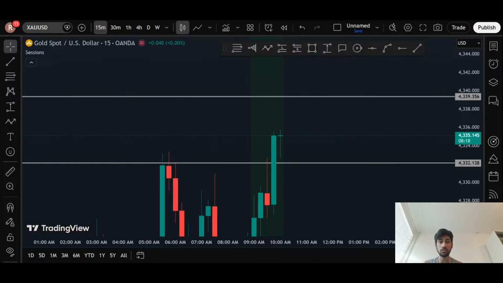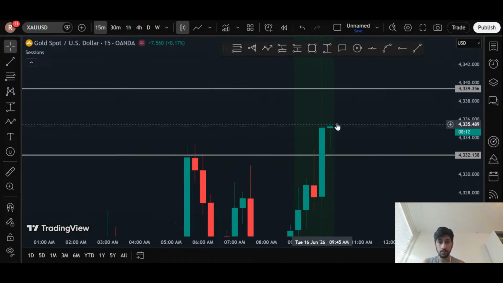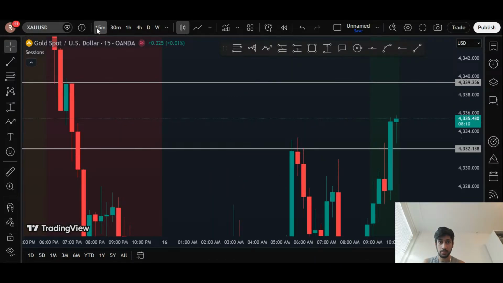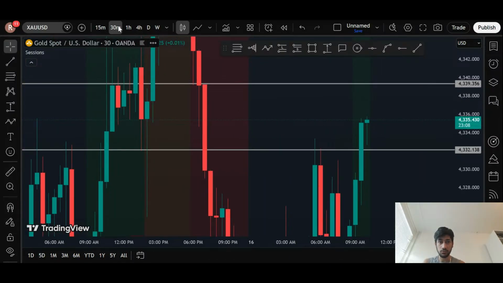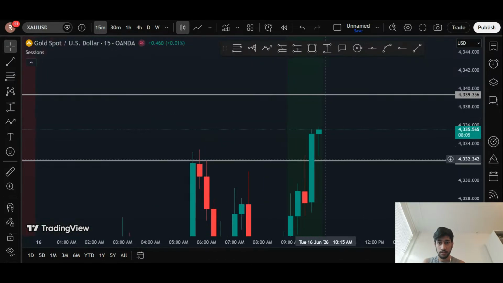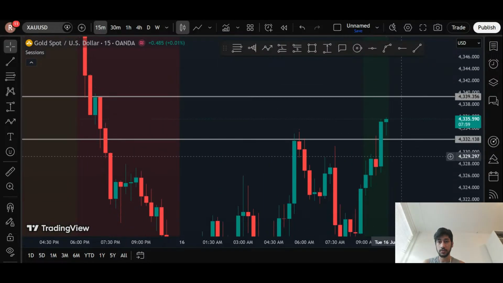I am long on gold now as price moved up. I am long on gold, anticipating this candle to just shoot up. But if it just comes back to this area, then I will be happy to take my stop loss.